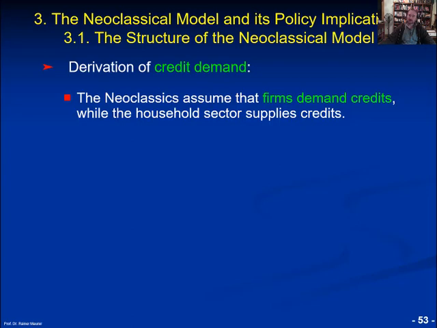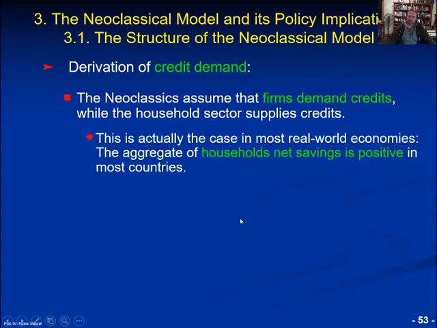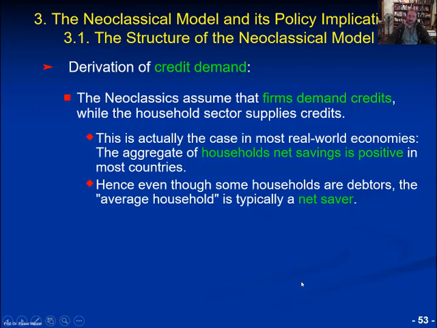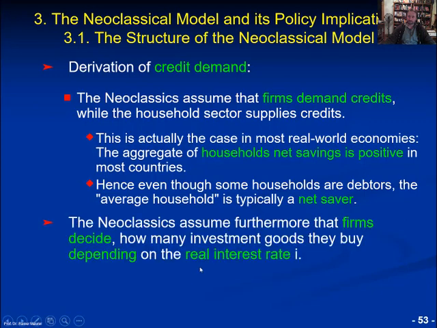The neoclassics assume that firms demand credits while household sector supplies credits. This is actually the case in most real-world economies. The aggregate household net savings is positive in most countries. Hence, even though some households are certainly debtors, the average household is typically a net saver.